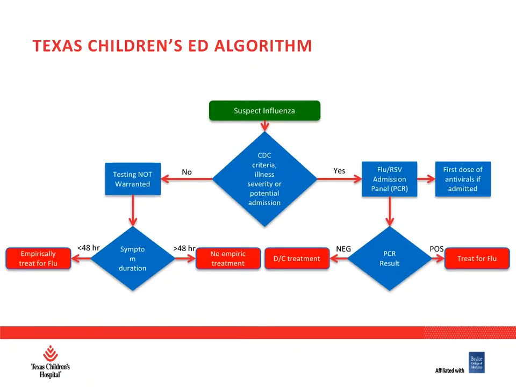In that case, if they really do have influenza-like illness, if the symptom duration is less than 48 hours, then they would probably be good candidates for antivirals. If they've had symptoms for greater than 48 hours, then at that point there's probably no need to provide empiric treatment. So this has been in place now since 2014 with this rapid flu RSV Admission Panel.